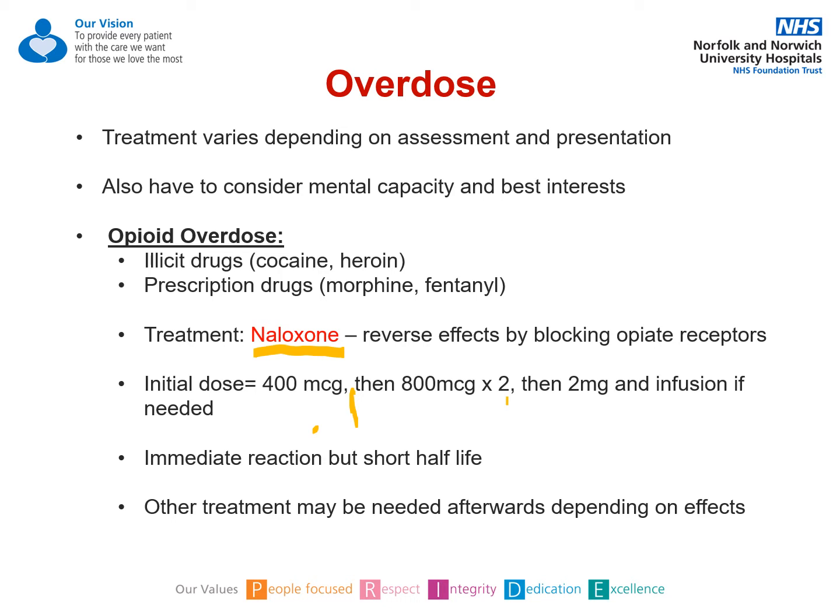It is that quick of a reaction, but it doesn't last very long. So we might get a few minutes of them sitting up and talking, and if they've still got too much of the drug in their system, those opioid receptors will kick back in, and they might get symptomatic again. That's why we have to keep giving a dose until that patient's a bit more stable.